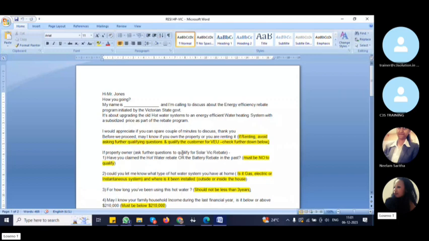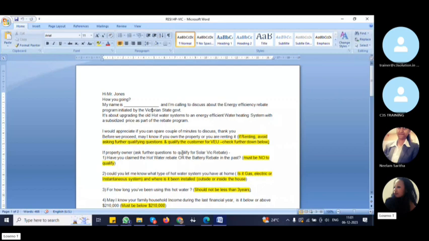If they have a solar booster electric hot water system, they are not eligible. If they have an instantaneous electric hot water system, they are not eligible. If they have a gas booster electric hot water system, they are not eligible.